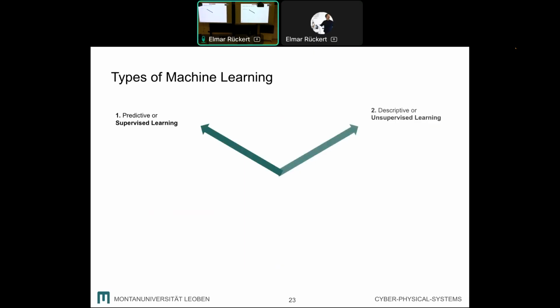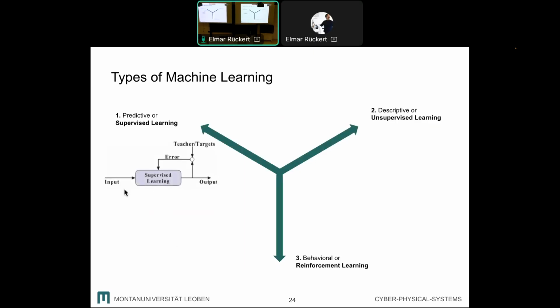In supervised learning, we have inputs, we have outputs, and we always compute some error signal. So for instance, we know that this is a cat, this is a dog. I can compute an error signal. It might be a 0 or 1. And with the error signal, you can improve your model. That's supervised learning.